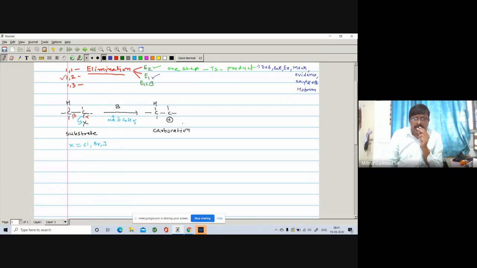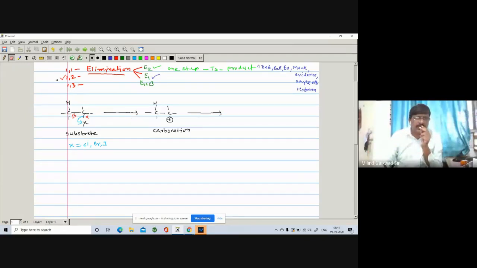Further, this carbocation reacts with the base. In the first step, there is no use of the base; only the sigma bond opens on X, and the base does not abstract anything. Even if you don't write the base, it works. So we will not write it in the first step; we'll write it in the second step.